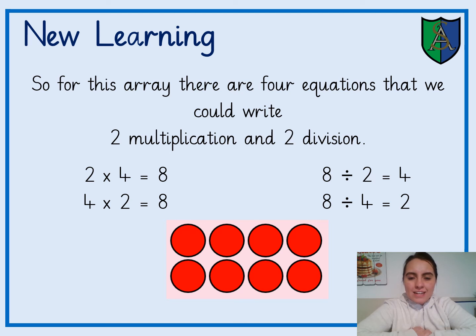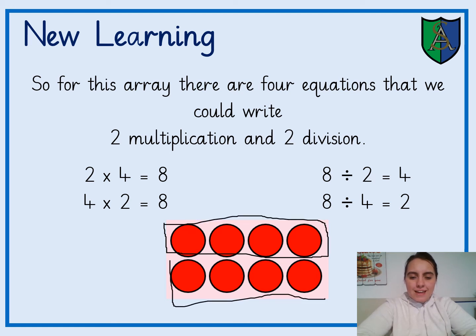Excellent. And also, if we had our whole of 8, we could split 8 into 4 groups of 2. So let me just show you for the division, just to clarify. For our division, we've got 8. We can split it into 2, and we will have 2 groups that both contain 4.